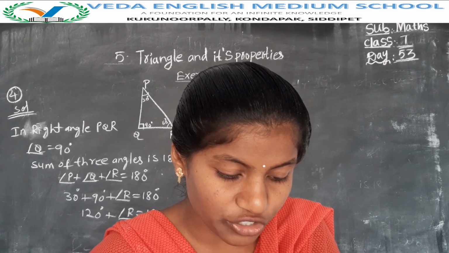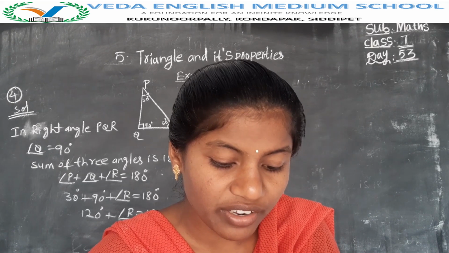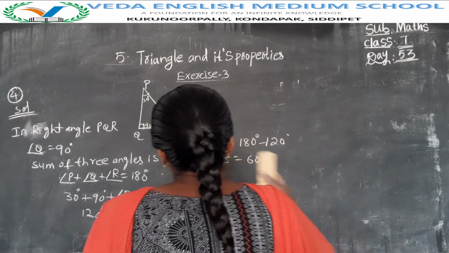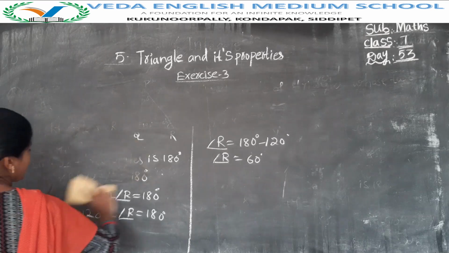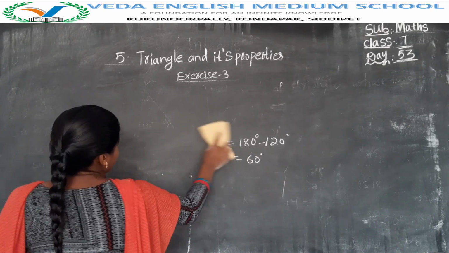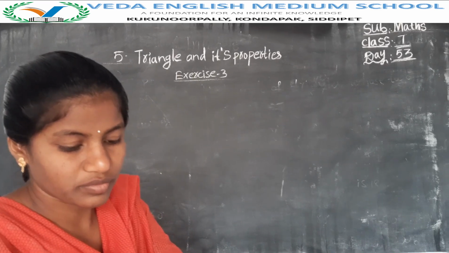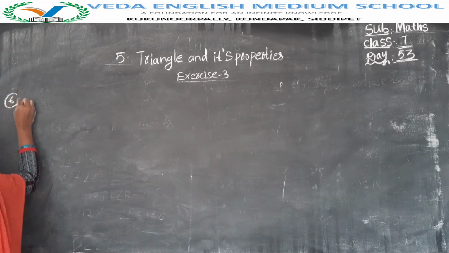Next, sixth question. The angles of a triangle are in the ratio of 1:2:3. Find the angles. Here I am not writing the question. Sixth one.